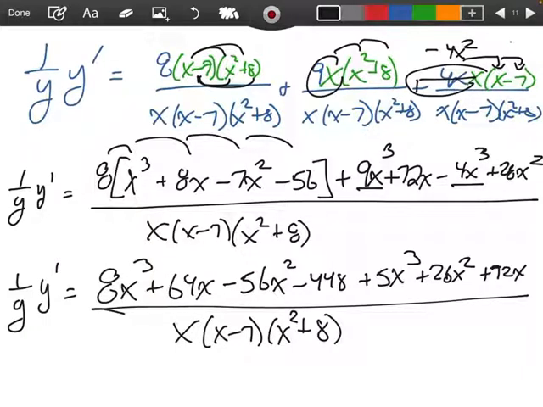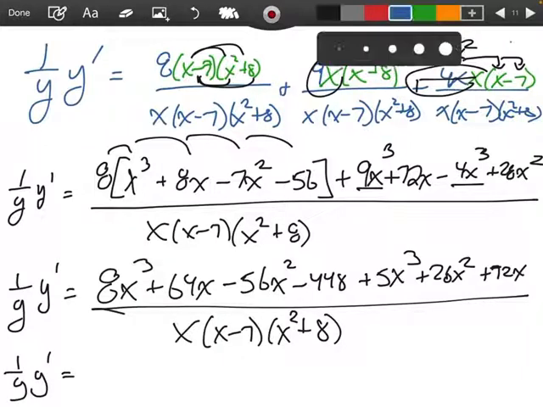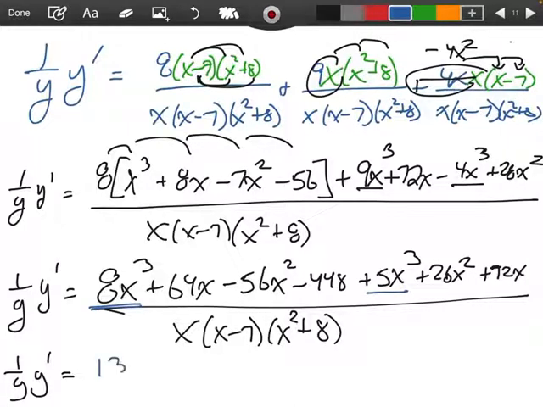Okay. Let's see what else we can combine. So 1 over y and y prime equals, I'm going to do this part in blue. Okay, so 8x to the third and 5x to the third, that looks like a 13x to the third. Minus 56 and plus 28, that was a 28, sorry, is a minus 28x squared.